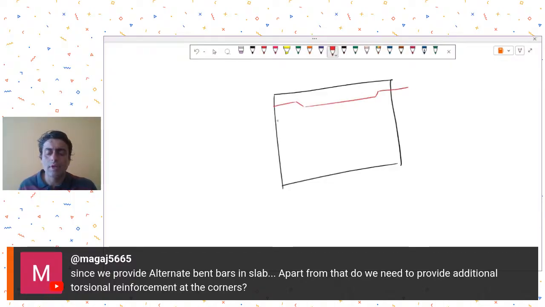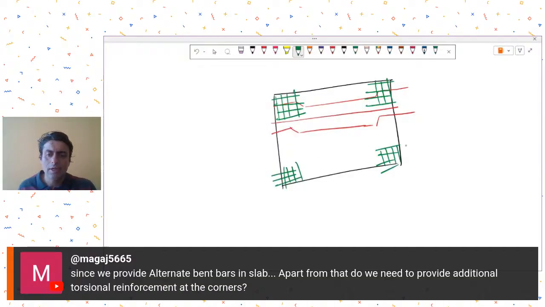So even if you are providing bent up bars, in whatever arrangement, in addition to that, your code quite clearly says that you have to provide torsion reinforcement at the corners. And remember, torsion reinforcement has to be provided both at the top and bottom. And then it says Lx by 5 or whatever. Okay. And I think 3/4 of maximum Ast. So this is in addition to any flexural reinforcement that you're providing. Got it?